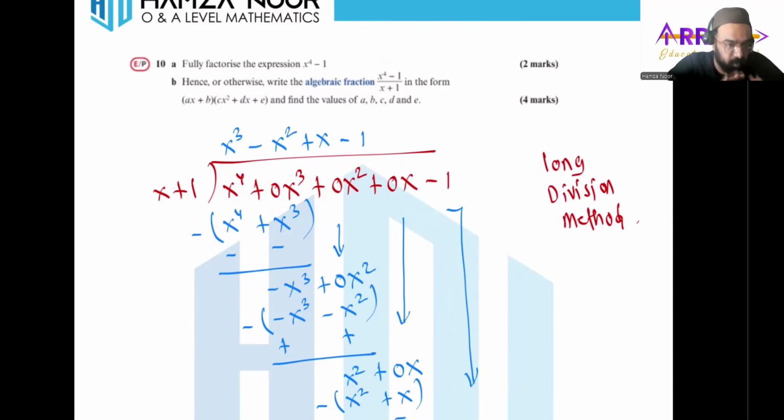We have done so many questions up till now, and we are using this practice since P2 as well. You need to ask yourself by what term you multiply x such that you get x raised to the power of 4. Obviously, you need to multiply x by x cube. So x raised to the power of 4 comes as it is underneath x raised to the power of 4. And then this x cube is multiplied by 1, so this becomes x cube.